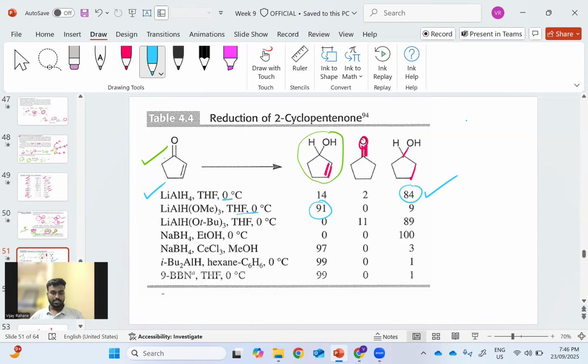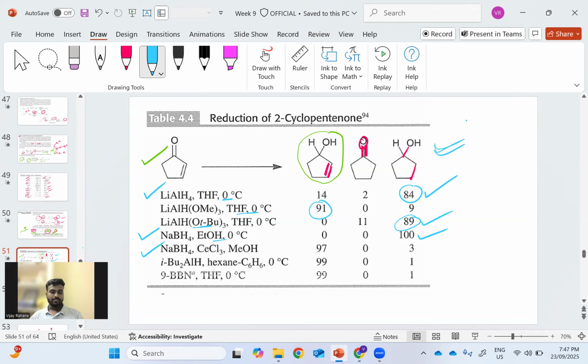And when you use the tert-butyl substituent at 0 degrees Celsius, we again get reduction of both the carbonyl as well as the double bond. When you use NaBH4 in ethanol at 0 degrees Celsius, we also get a 100% yield of the product which has reduction of both the carbonyl as well as the double bond.